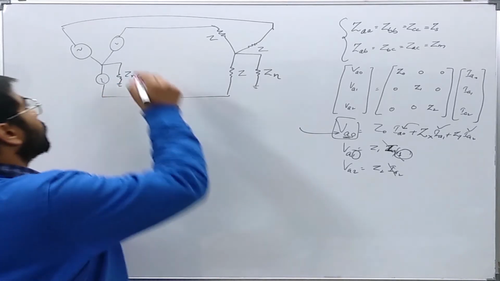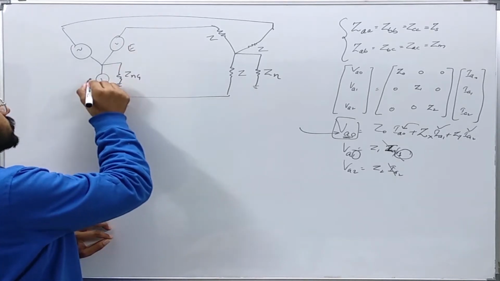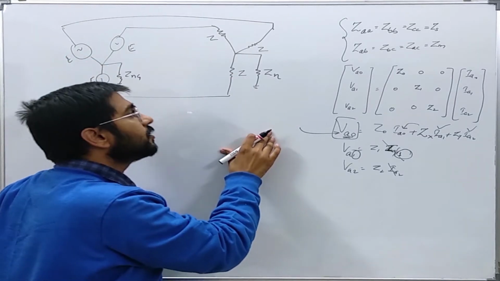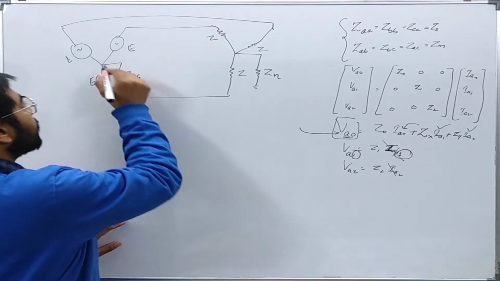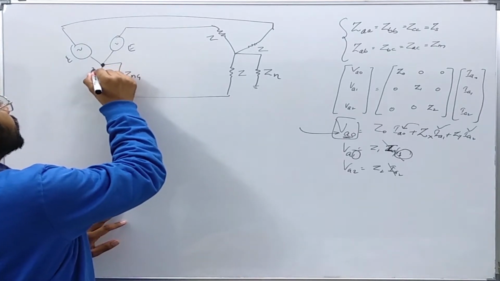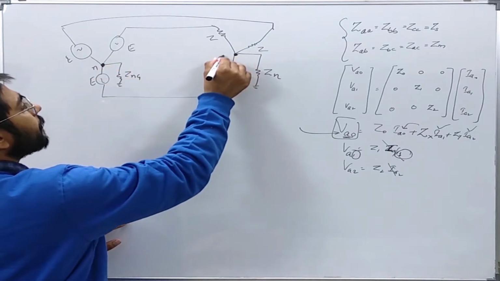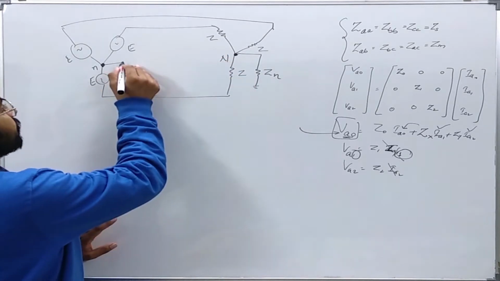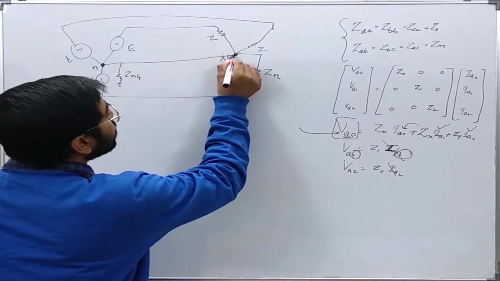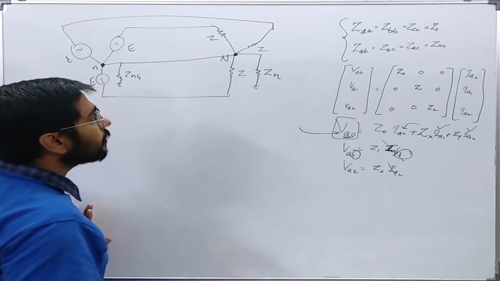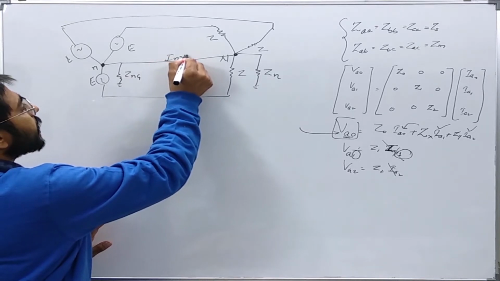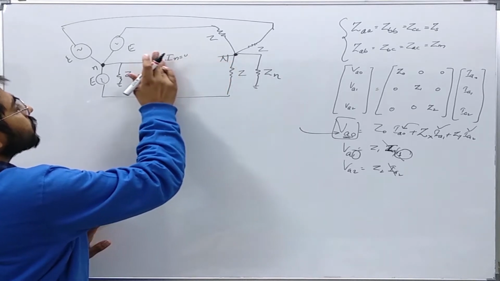Now, when the source and the load are balanced, that is, the system is balanced, we can safely say that this neutral point, let us say N, and this neutral point, let us say capital N, are at the same potential. Even if we connect these two neutral points, there will be no current, that is, this current will be zero. I can safely remove this wire also.